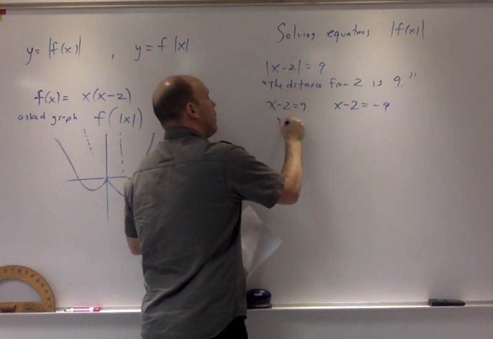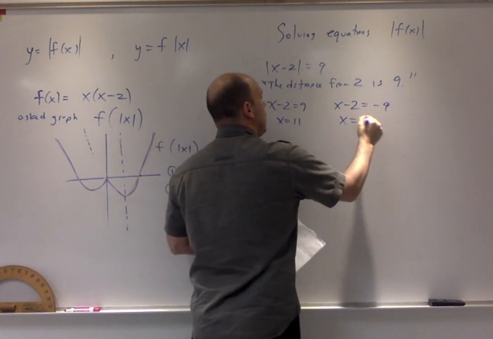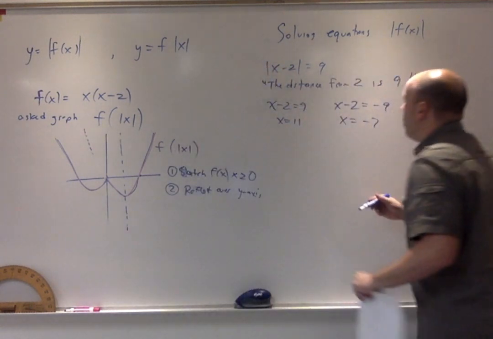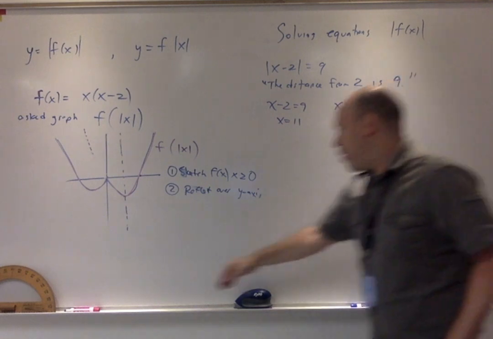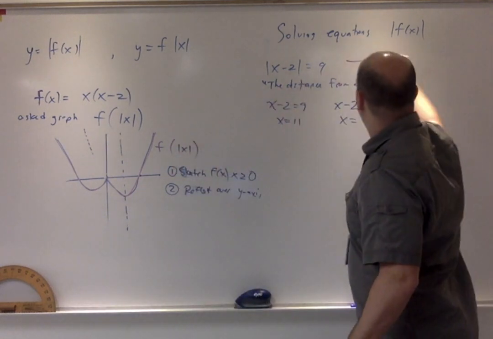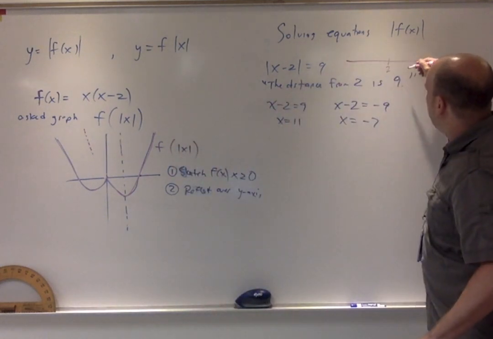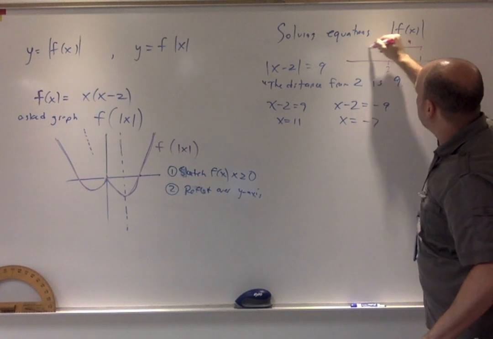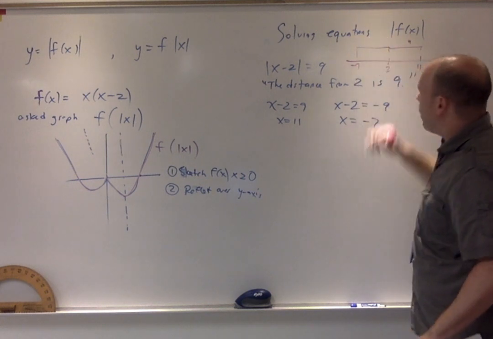So we have x equals 11, x equals negative 7. And we can visually see that on a number line. When 2 is the center, it's 9 to the right, which gives us 11, and 9 to the left, which gives us negative 7.